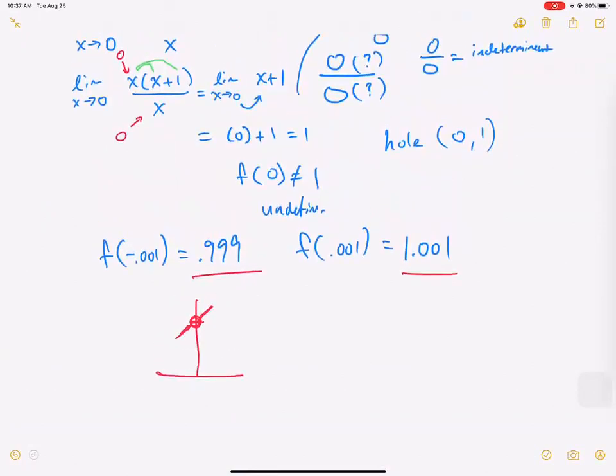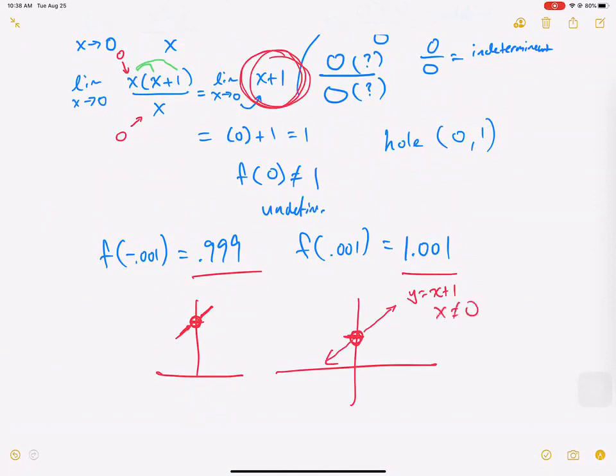And if you guys remember your pre-calc, something kind of cool, this was your graph up here. The graph of the line has a y-intercept of 1 with a slope of 1 over 1. Y is equal to x plus 1, except x cannot be 0 because the graph doesn't work at 0.